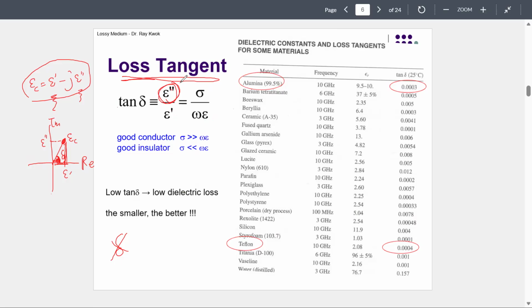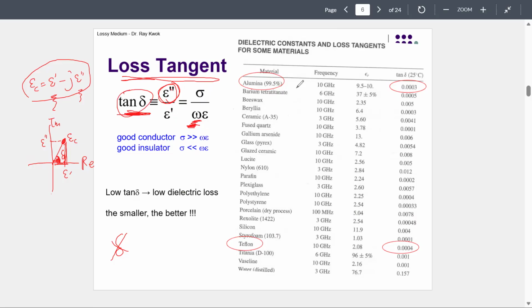There are hundreds of different substrates you can choose from. How are you going to choose them? This is one of the parameters you want to choose. Do you care about the loss? How high is the frequency? It has a frequency in here. The higher the loss tangent, the more lossy the circuit. So if you want to design a circuit board with very low loss, you want to pick a very small loss tangent.